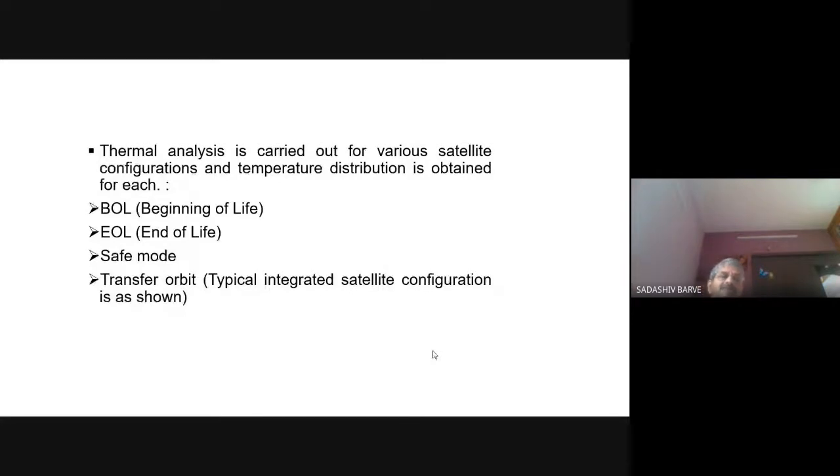This takes almost 4 or 5 days. So they need to do the transfer orbit analysis in detail for all those 4 days for the communication satellite.